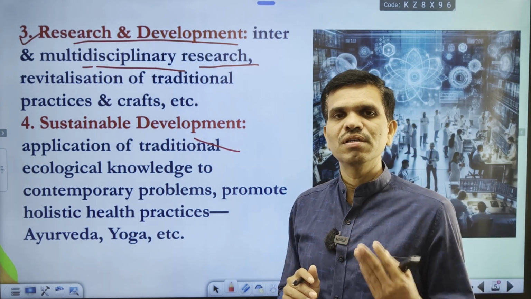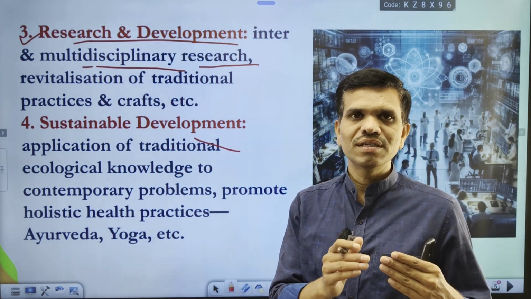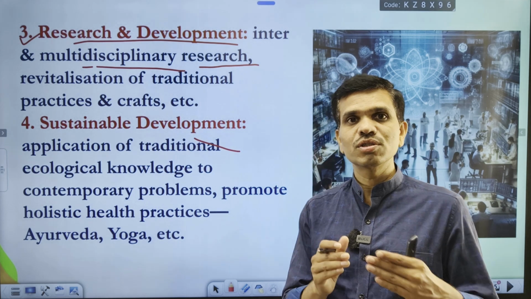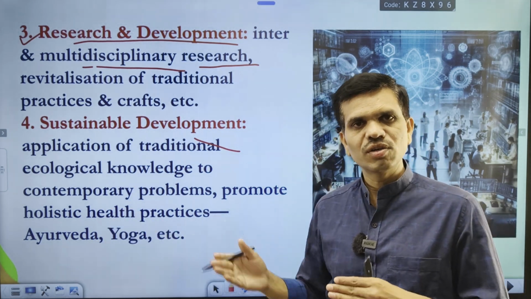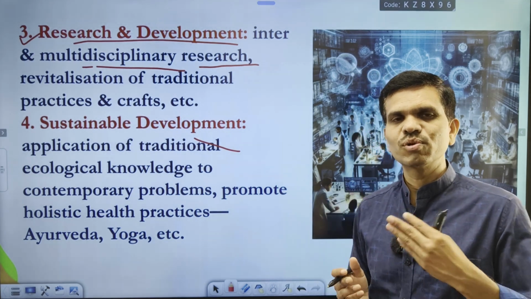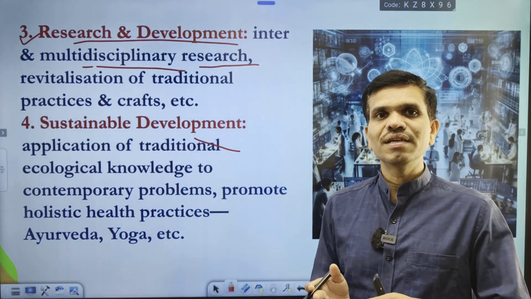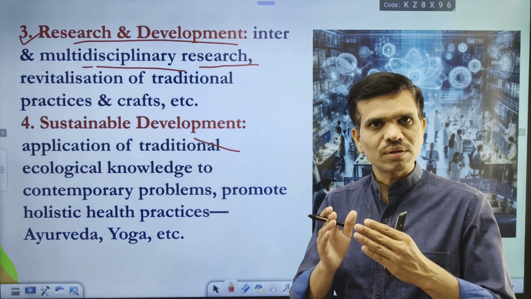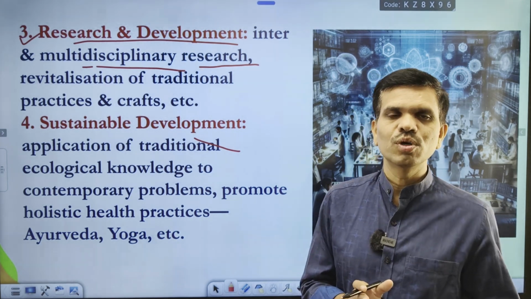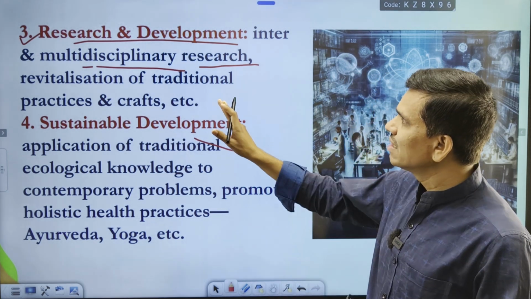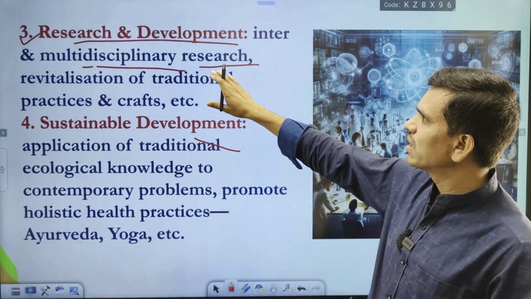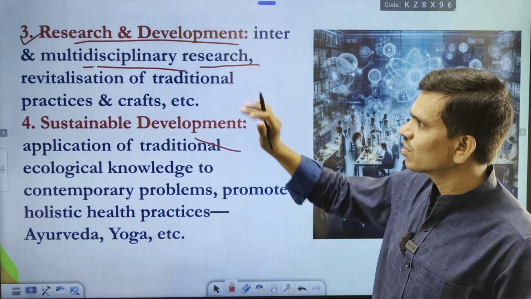For example, if we are doing research in humanities, that research can be related to the science field or other fields. For example, if someone is researching ancient architecture, it may lead to geology, geography, history, different types of multi-disciplines. So in this way we can preserve our ancient knowledge.